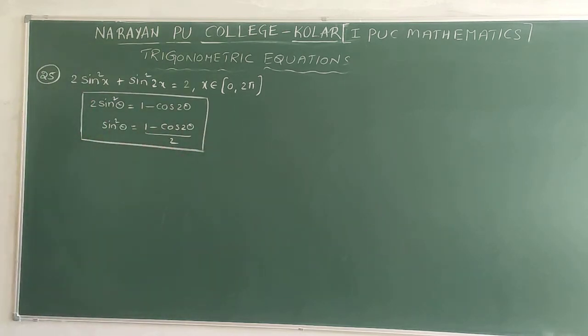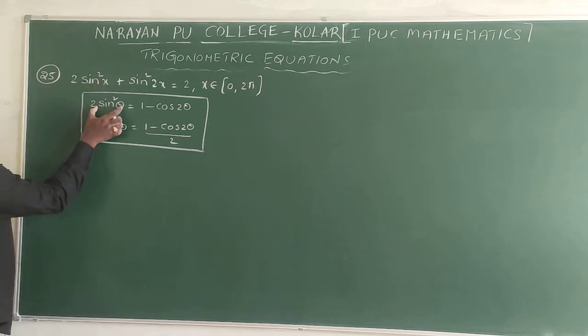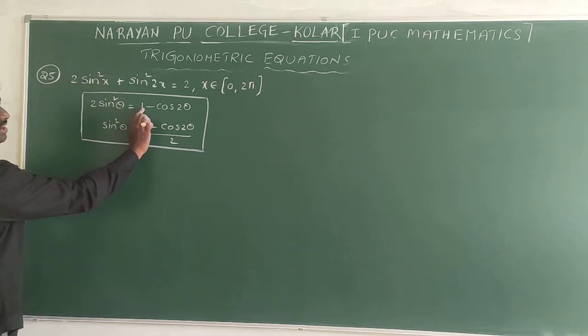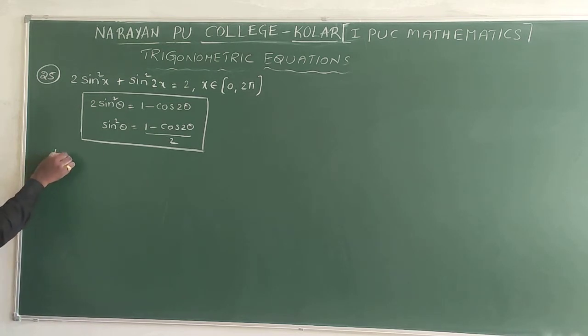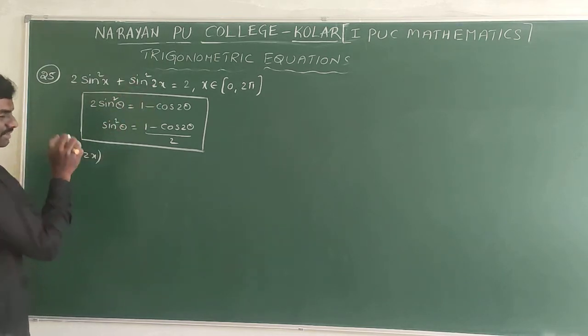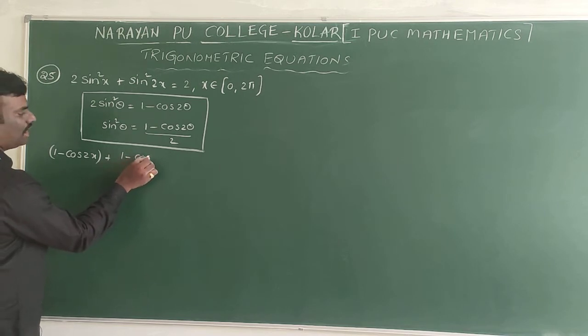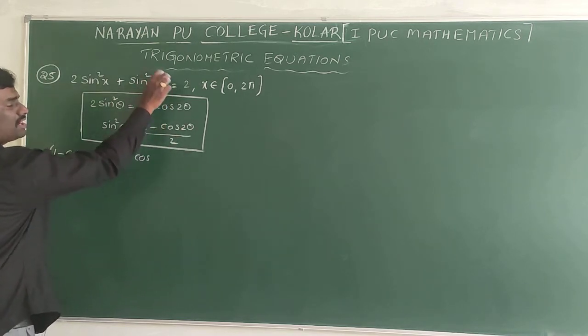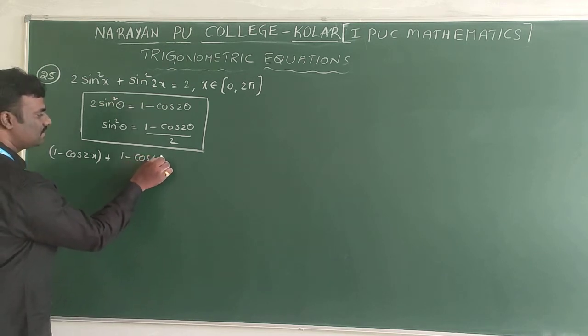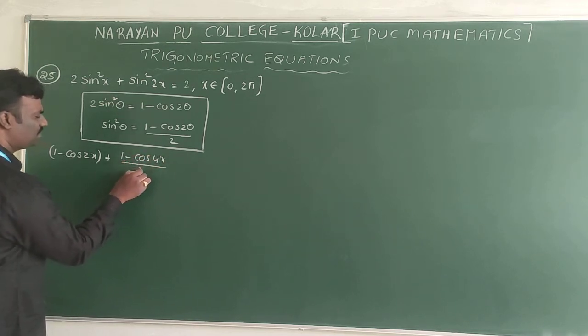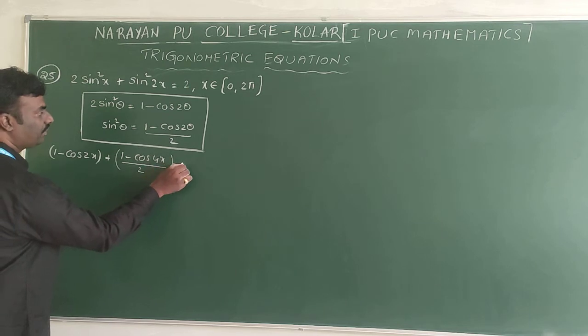First, 2 sin square x can be written as 1 minus cos 2x. The second, we can write 1 minus cos 2 into theta, which is 2x. 2 into 2x becomes 4x, by 2, is equal to 2.